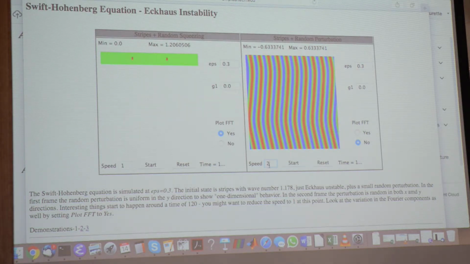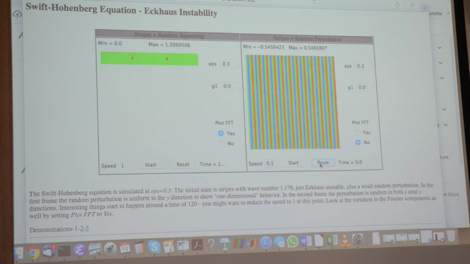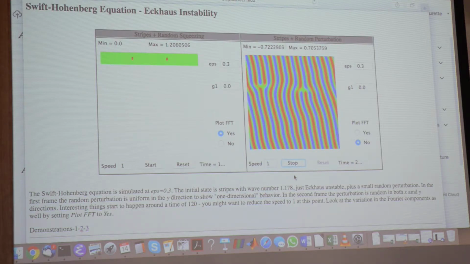If I make the speed less, I don't think I can make it a non-integer value. I wonder. No, it's not happening. Stop. Let's watch it. There.